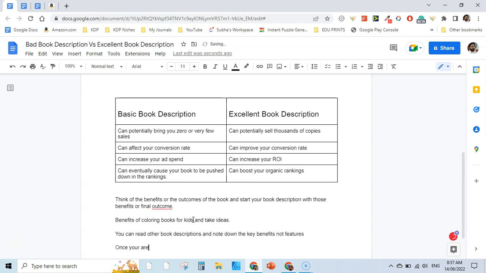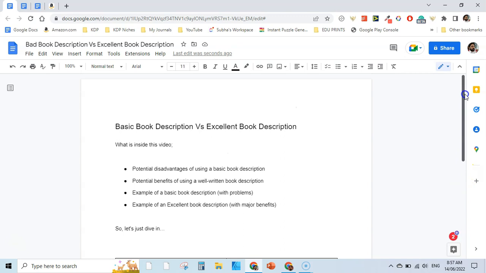Once you are done with writing the benefits, you can list the book features as well. The point is your book description should talk about the final outcome or the key benefits that a person is going to have after receiving the book and using the book.